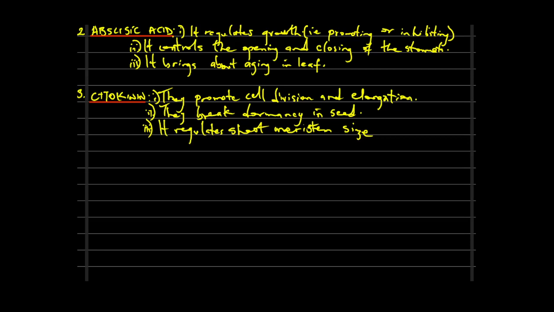Like we have said, it promotes cell division and elongation, it breaks seed dormancy, then it regulates shoot meristem size as well as leaf and shoot growth. So these are some of the functions of cytokinin.